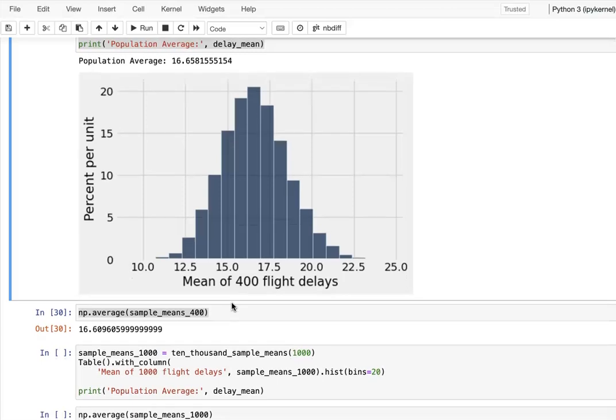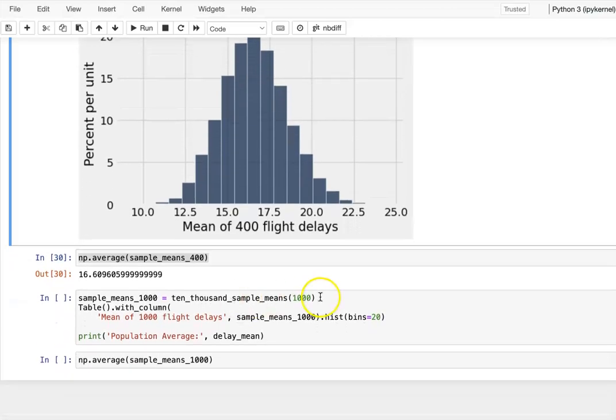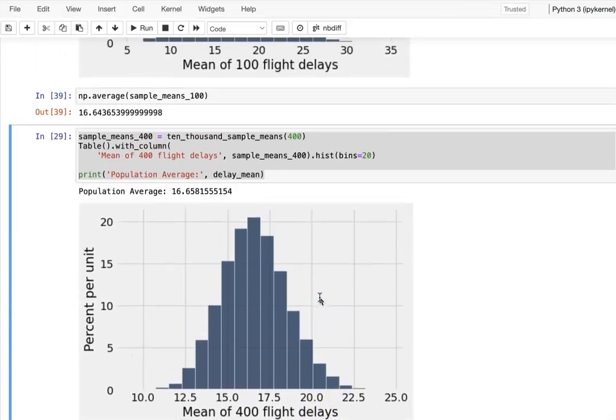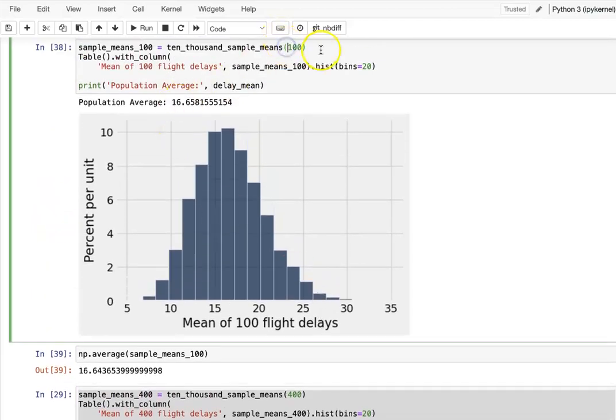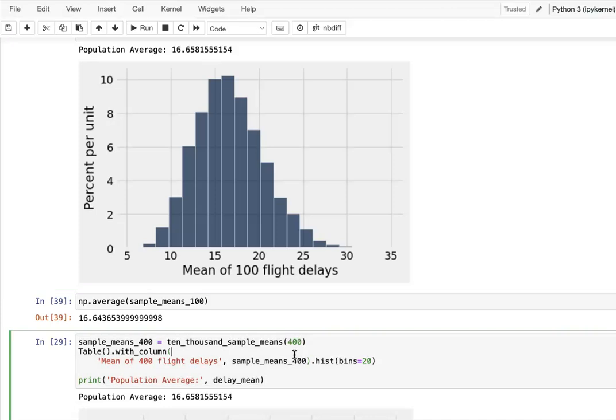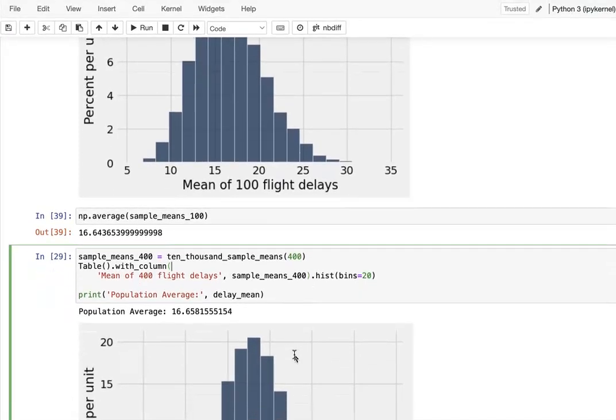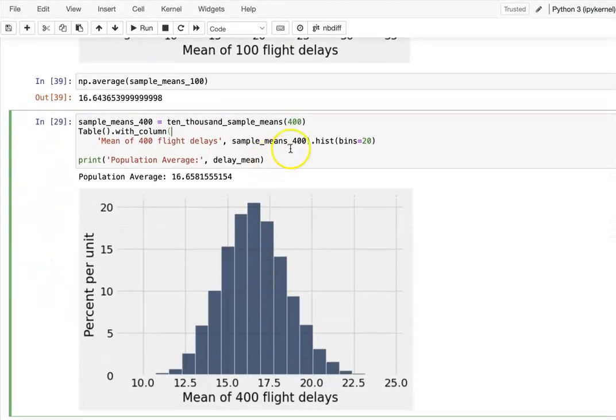But how about we try a bigger sample size? Okay, so here is sample size 100, and our average is 16.64. But we can show you the same thing with the sample size changed to 400. Then we find this one is even more bell-shaped.